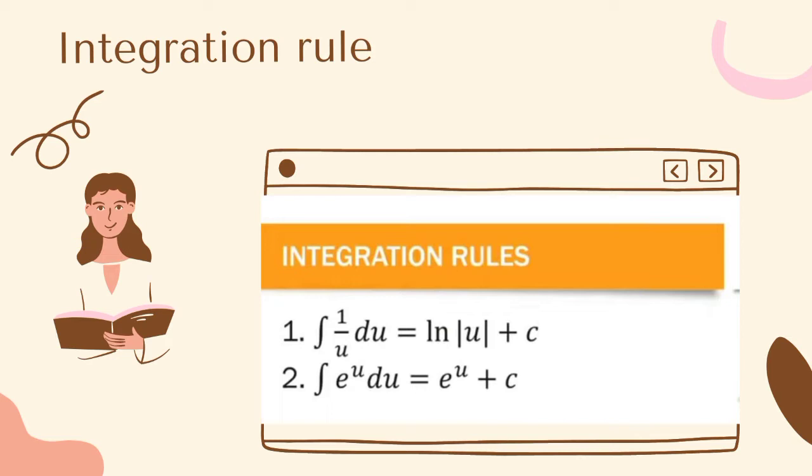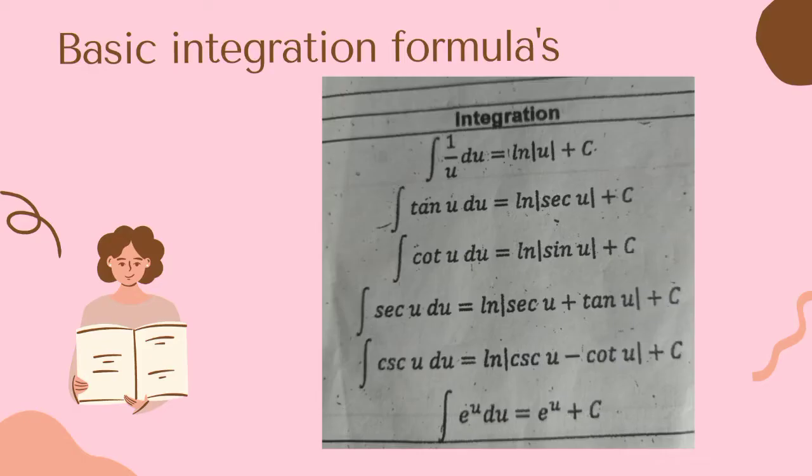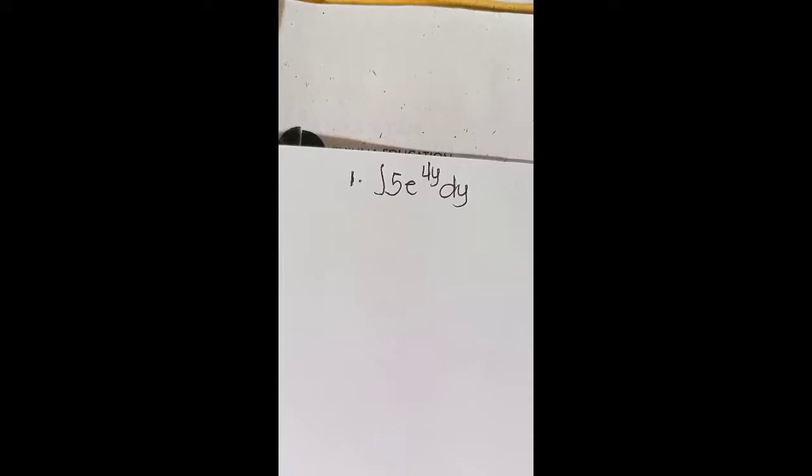This integration rule is used when we solve problems later. These are the basic integration formulas that we can find in our module. So just memorize the integration rules for transcendental functions, and since they are found in our module, I assume that you are already familiar with these rules.